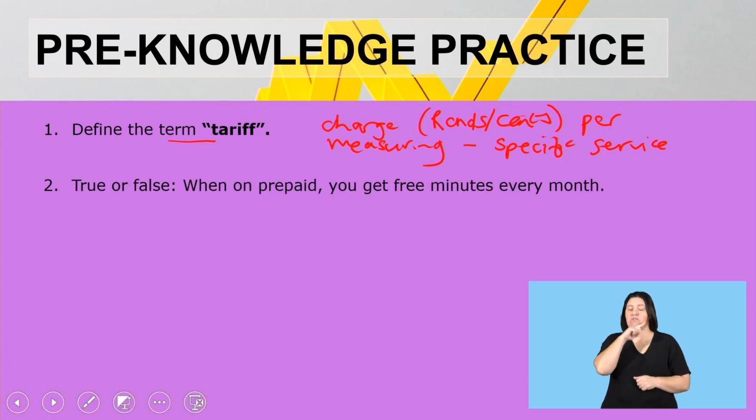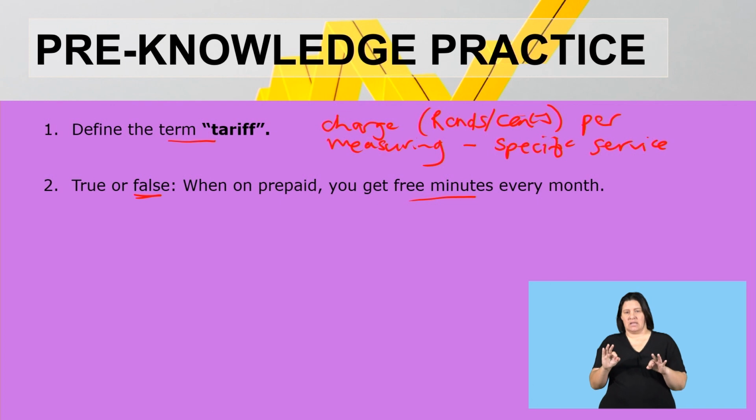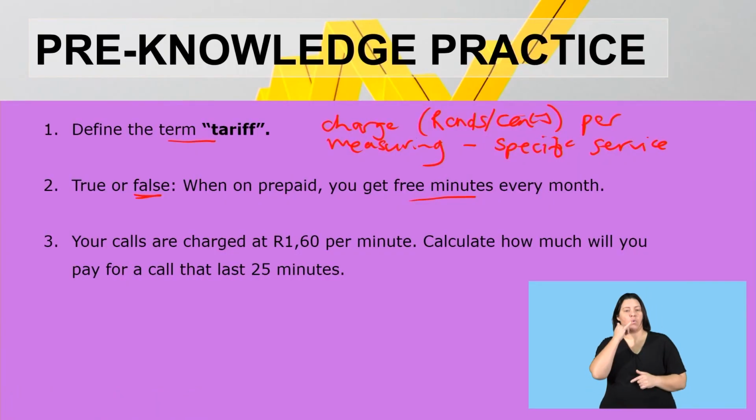Let's look at our next question. True or false? When on prepaid, you get free minutes. We all know that is definitely false, because when you buy prepaid, you basically pay for the minutes that you're going to spend. Then there's another question. Your calls are charged at 160 cents per minute. Calculate how much you will have to pay for a call that lasts 25 minutes. So we are being charged a per minute rate, and you are spending 25 minutes on your phone.